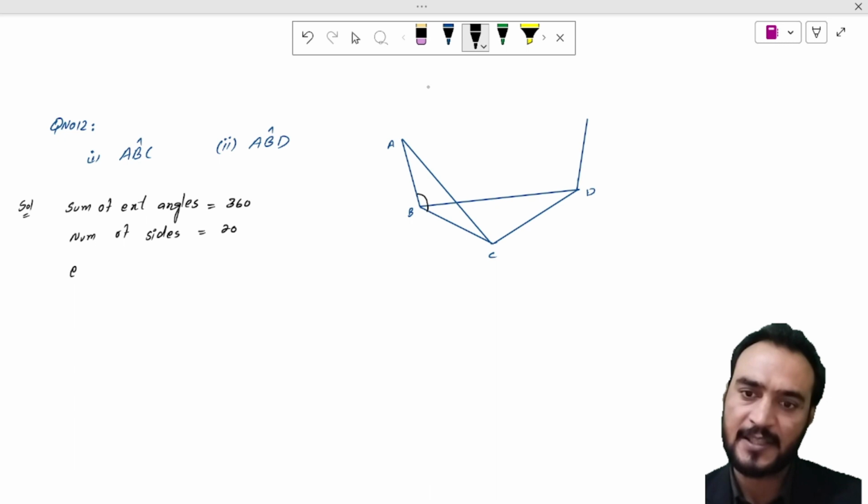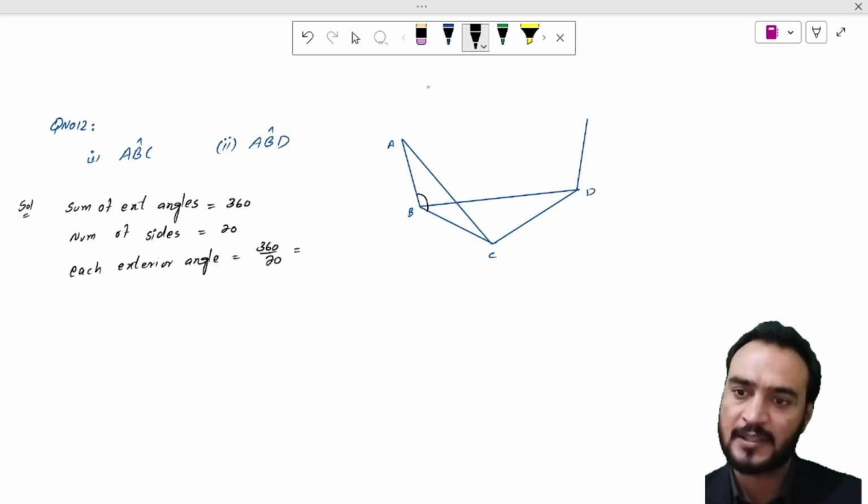So each exterior angle, we divide this 360 by 20 to get each exterior angle, and each exterior angle will be equal to 18 degrees. Dividing 360 by the number of sides, or sum of exterior angles by the total number of sides, we get each exterior angle.